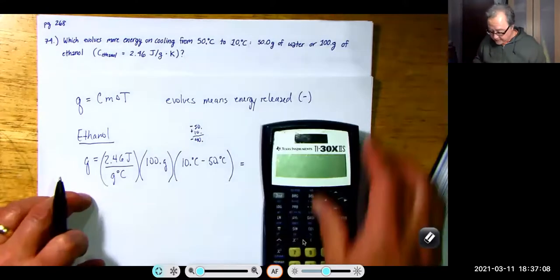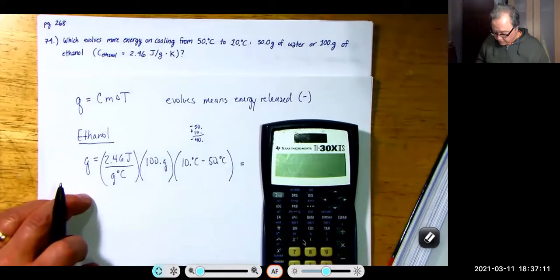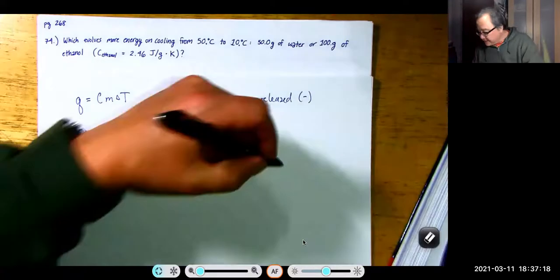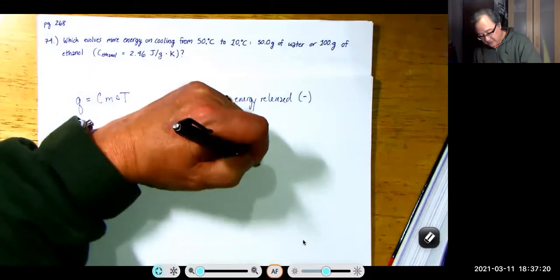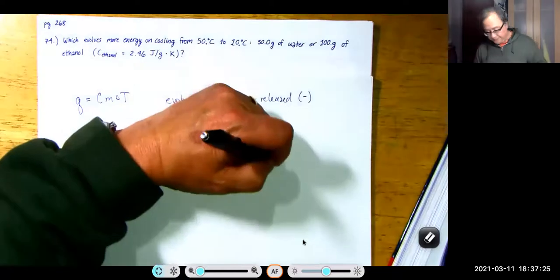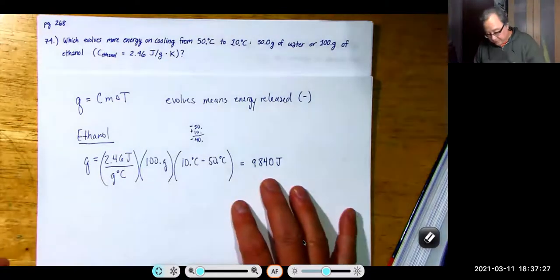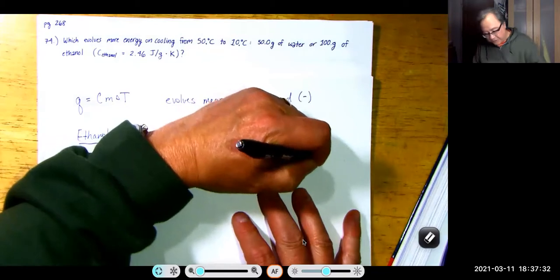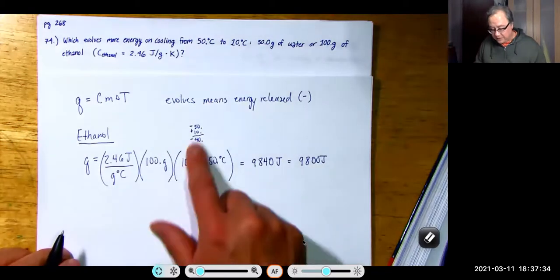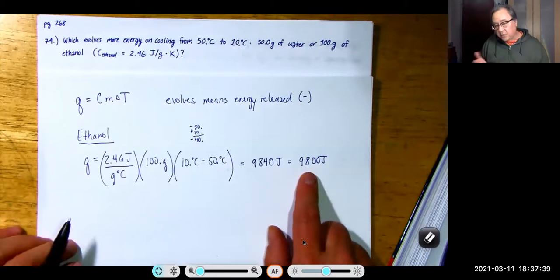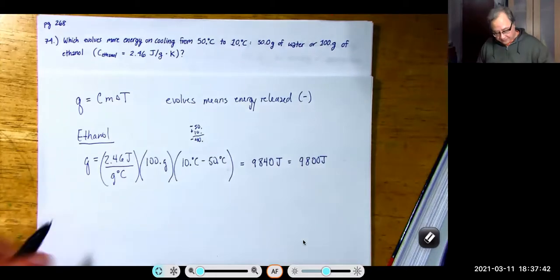So let's see what we get here. 2.46 times 100 times 40, and we get 9840 joules. Now, when I round that, we get 9800 joules because we're only allowed two significant figures, so we'll keep the 9 and the 8, and the 4 turns into a 0. Remember, trailing zeros don't count unless you have a decimal.